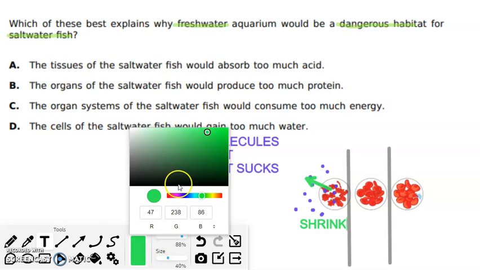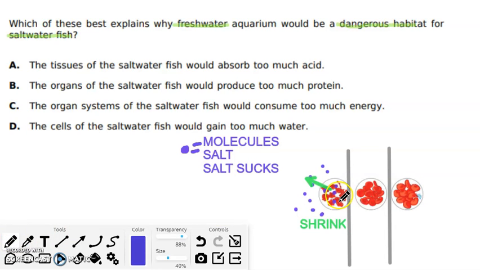Now on the far left, it's showing us that the cells are getting so big that they pop. Okay, so if that happens, then there is going to be way more salt in the inside than the outside. So like, let's say if I just have a whole bunch, okay? 1, 2, 3, 4, 5, 6, 7, 8.